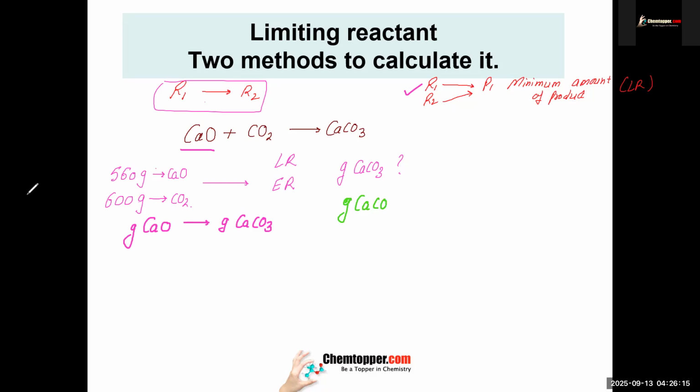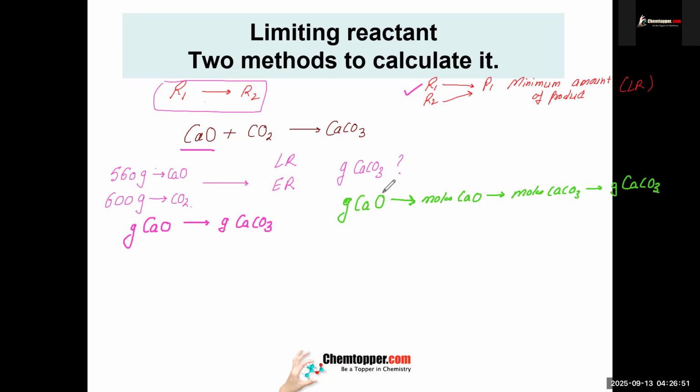And from grams of calcium oxide, where should I go? You need to get to grams of calcium carbonate. How can I go? You have to go to moles of CaO, then moles of calcium carbonate, then grams of CaCO3.